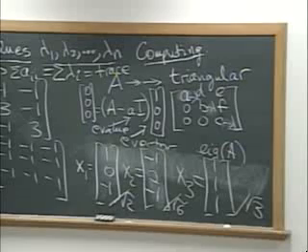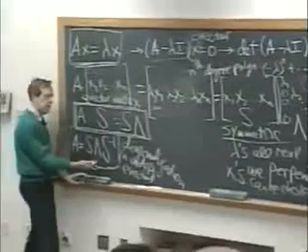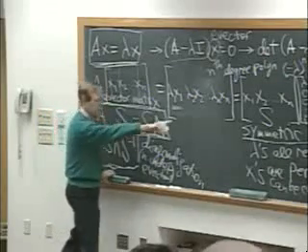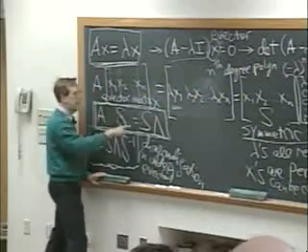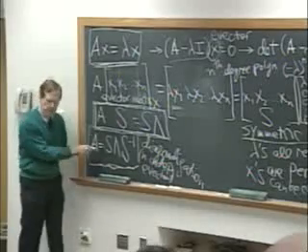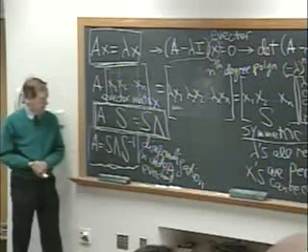Okay. And now I want to say, what happens to this diagonalization stuff? We have the eigenvector matrix, we've got the eigenvectors, we've got the eigenvalues. Why am I coming back to this result?